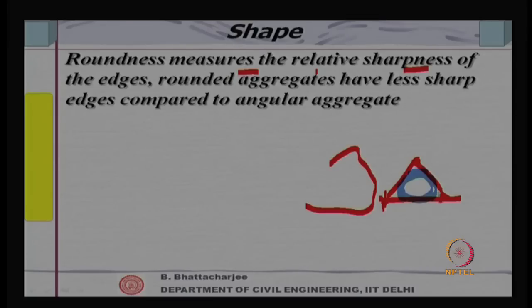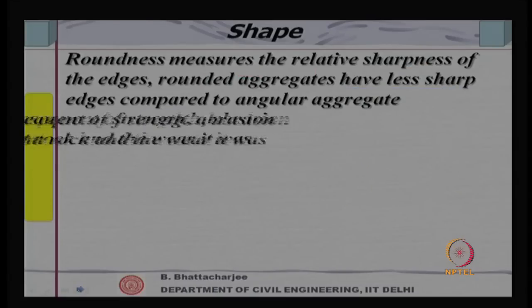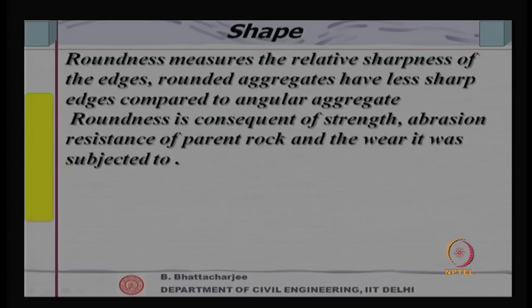Normally, natural aggregate will have a tendency, due to abrasion and weathering action, for the sharp edges to vanish. So, the initial shape was angular. Rounded aggregate has less sharp edges compared to angular aggregate. Roundness is a consequence of the strength and abrasion resistance of the parent rock and what it was subjected to.